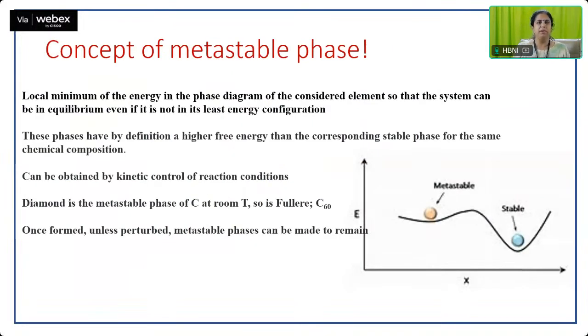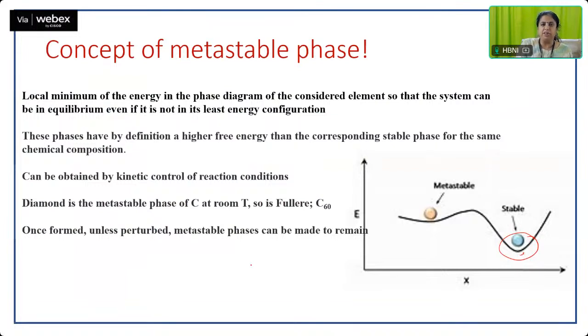Just the last concept. What is a metastable phase? We've talked about the stable phases. If you have the energy diagram of a material, whether it is a chemical reaction or the energy landscape of a material, our material lies in the global energy minimum.